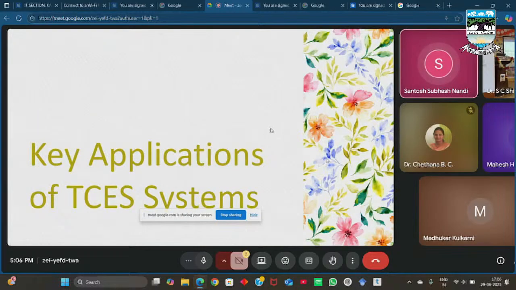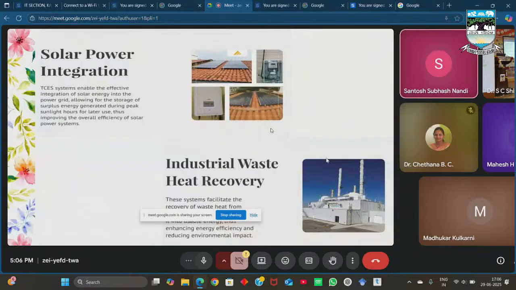Now here I have shown you some of the key applications of thermochemical energy storage systems. The first one is called solar power integration. When I speak about thermochemical energy storage, these systems are used everywhere in our daily life, enabling effective integration of solar energy into the power grid.